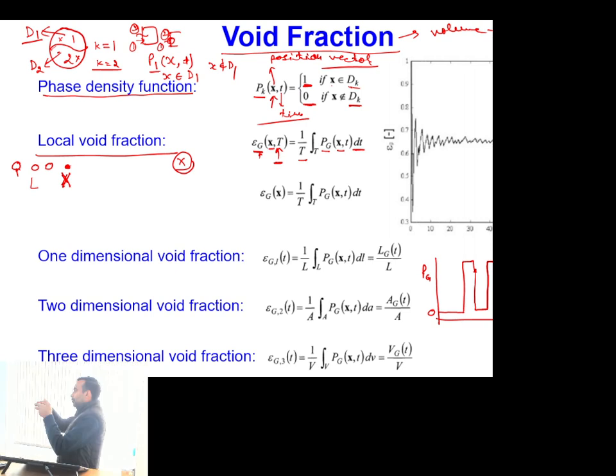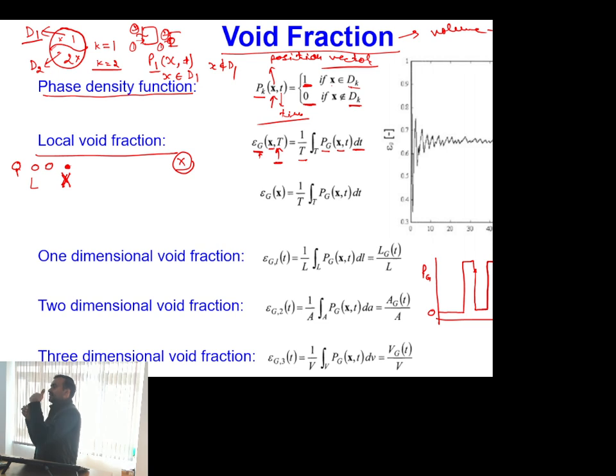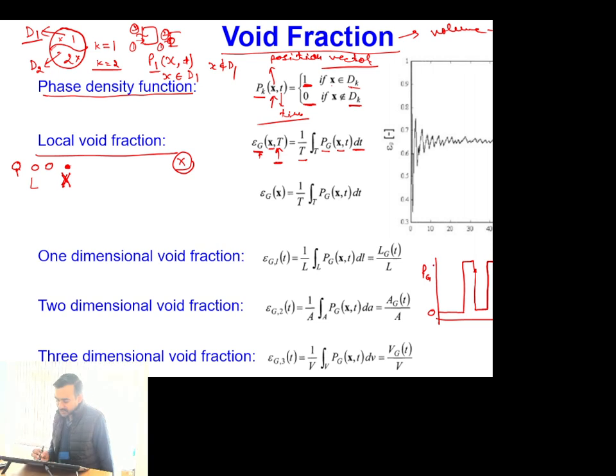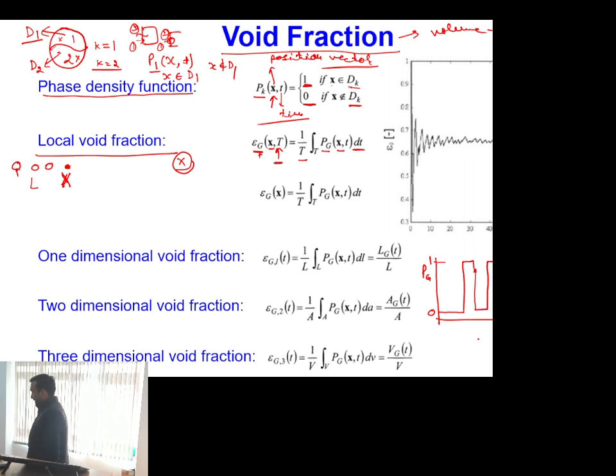At any particular location, if multiphase flow is happening, then at some time there can be gas present, and at some other time there can be liquid. So corresponding to the presence of gas, the phase density function of gas will become 1, and corresponding to the presence of liquid it will become equal to 0.